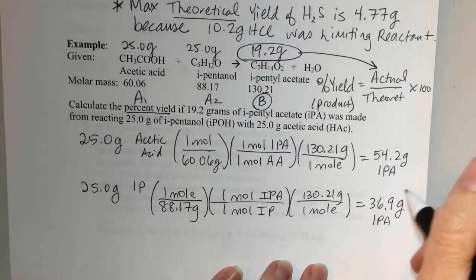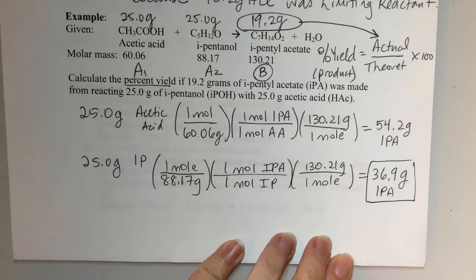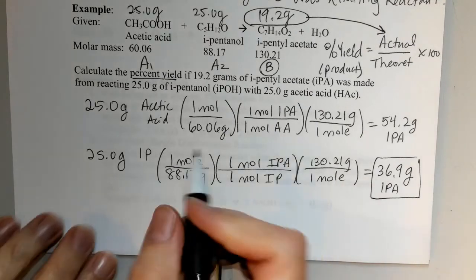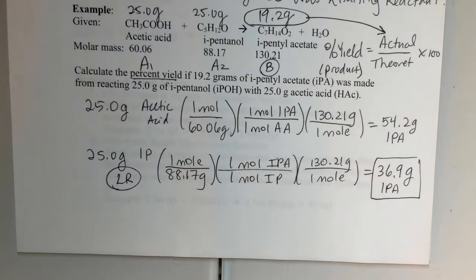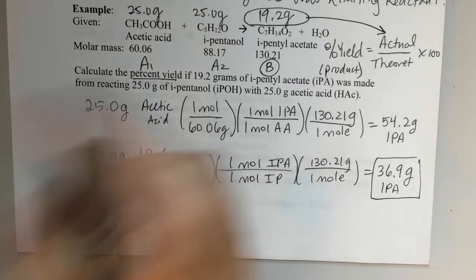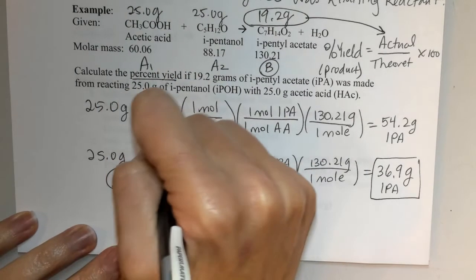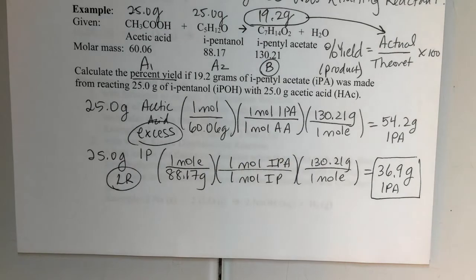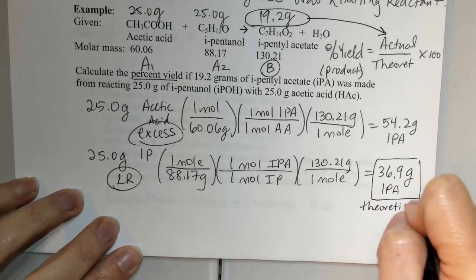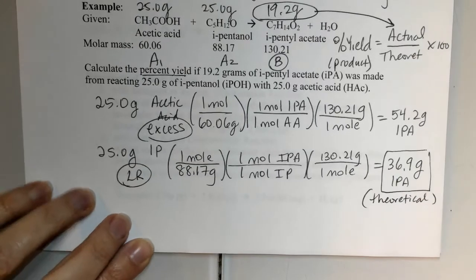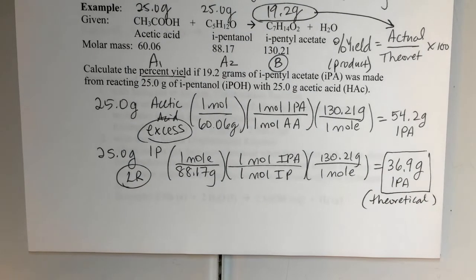So my max theoretical yield is the 36.9 grams because it tells me that the ipentanol would have been the limiting reactant. It would have run out first, which means at the end of this reaction, the acetic acid would be present in excess. And so that 36.9 that I just calculated, that is in theory. If everything's perfect, that's what I should get.